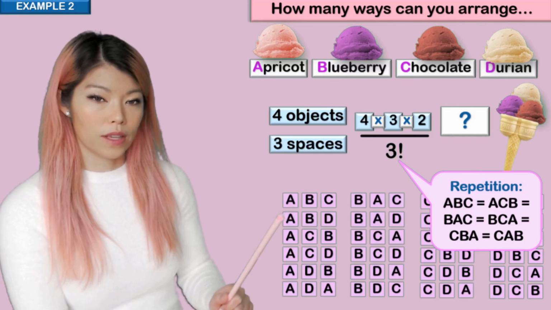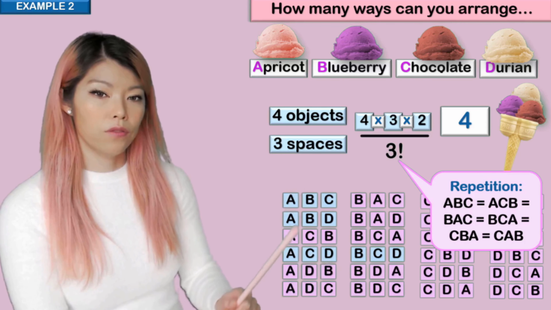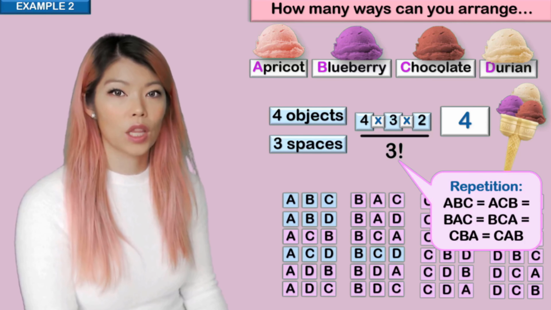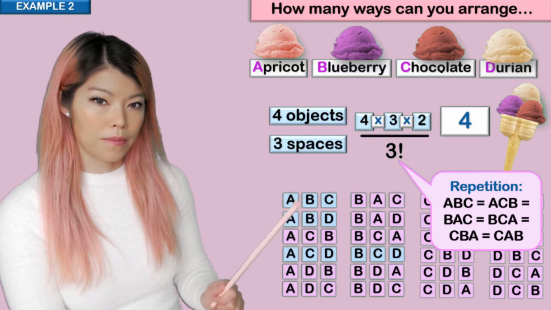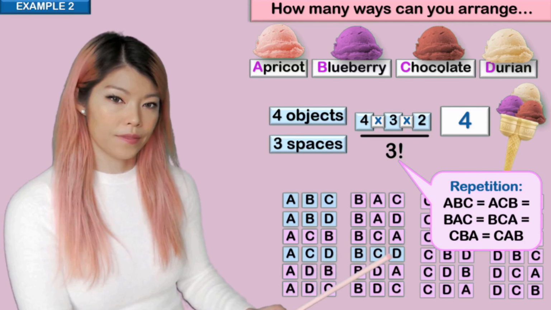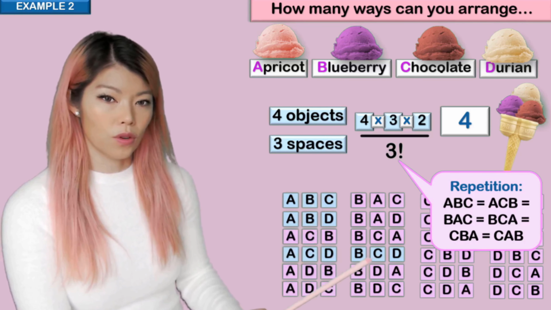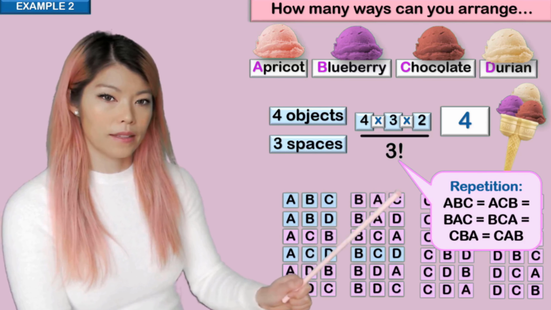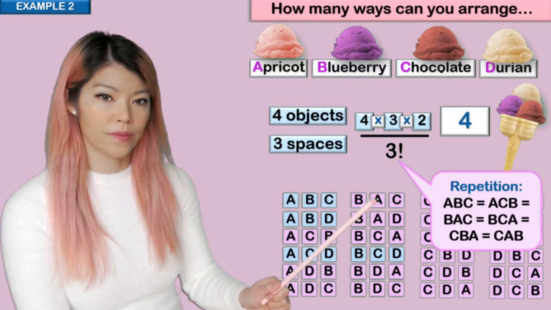So if I look over here, I can see that there are only 4 different ways of picking 3 flavors of ice cream out of the 4: ABC, ABD, ACD, BCD. If I look at any other option here, it's one of these 4. For example, BAC, that's the same as ABC in a different order.